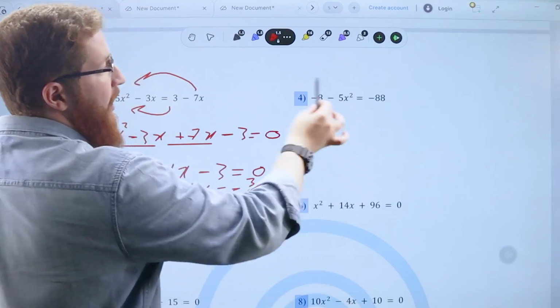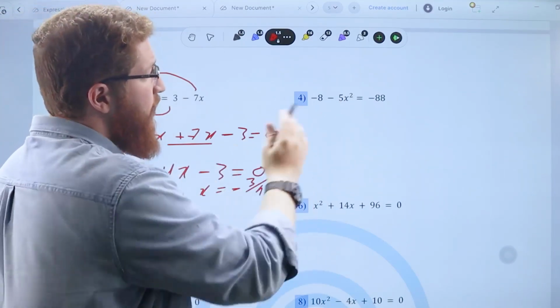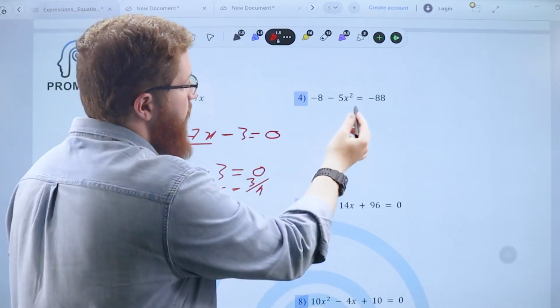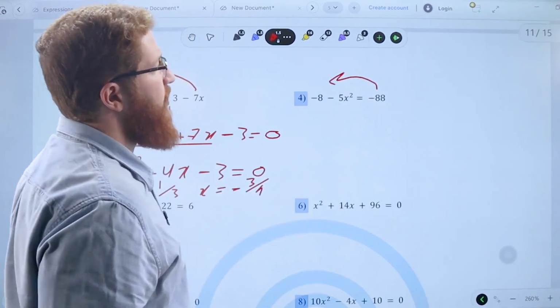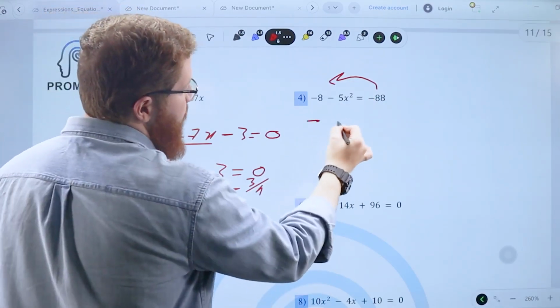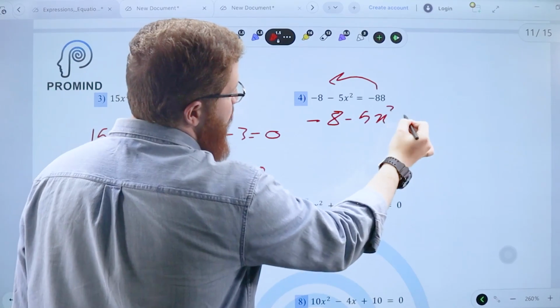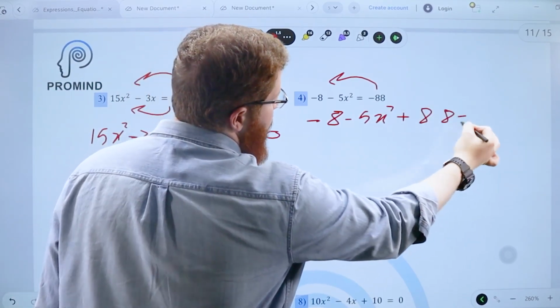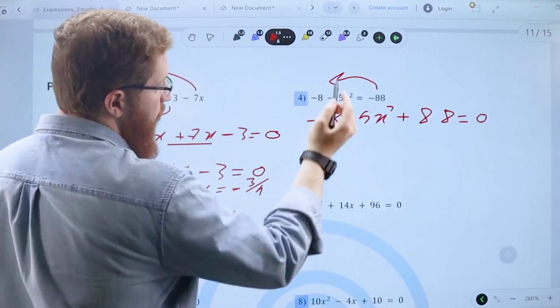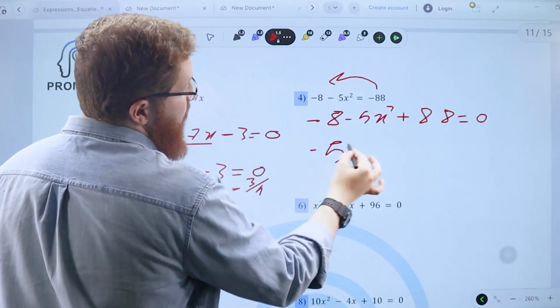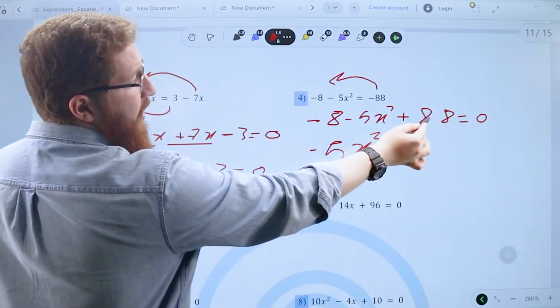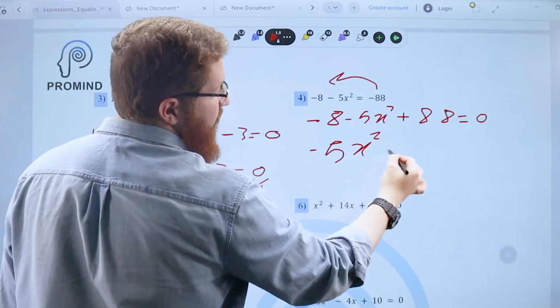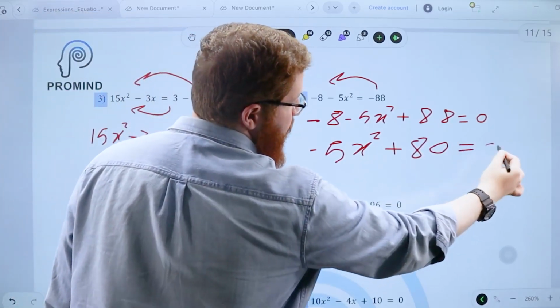Again, this one, you have to first put all the terms on the same side. Move this 88 to the other side. It becomes minus 8 minus 5x squared plus 88 equals 0. Minus 5x squared, 88 minus 8 will give plus 80 equals 0.